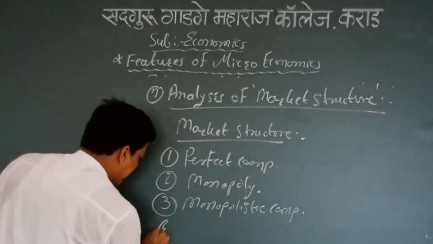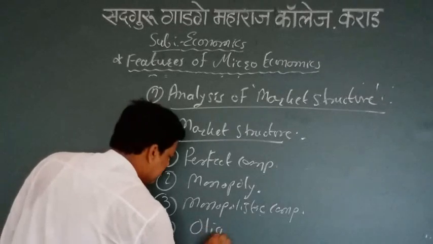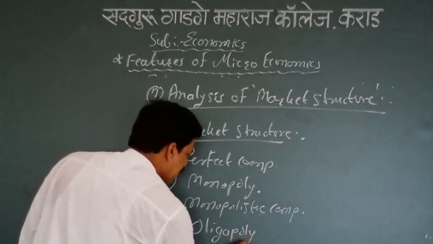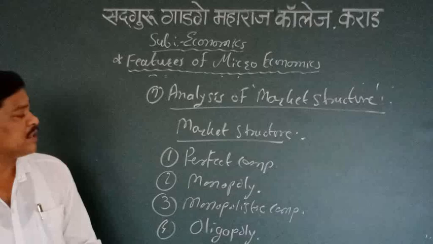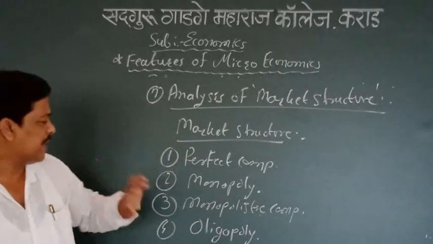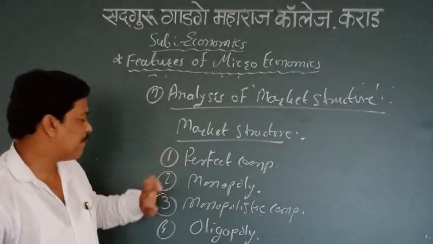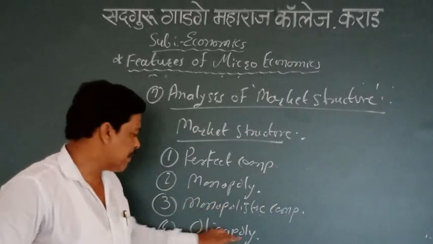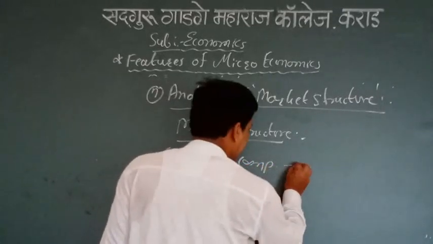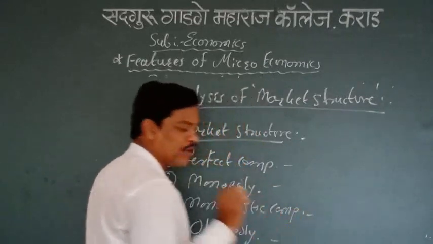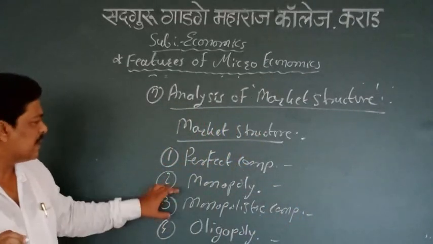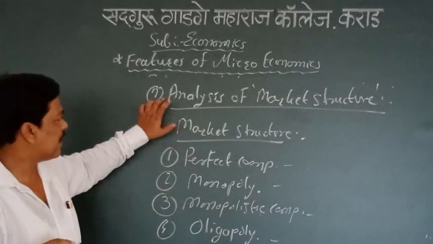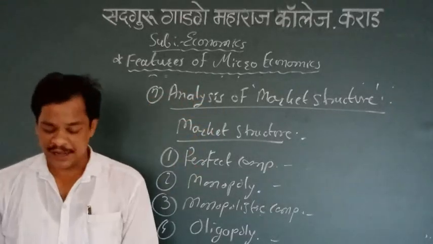And fourth is oligopoly. When you discuss this point, it is important to understand these terms. What do you mean by perfect competition? By monopoly? By monopolistic competition? And by oligopoly? In very short, I will discuss all these points because without understanding these terms, you cannot understand the analysis of market structure.